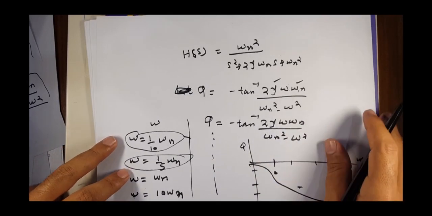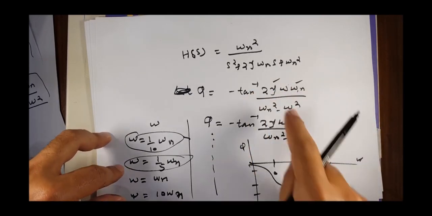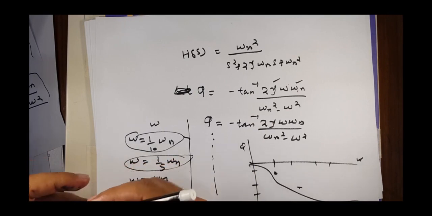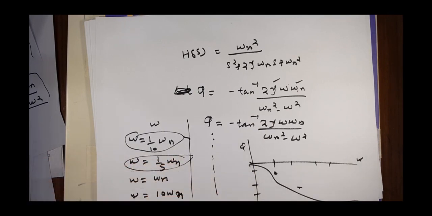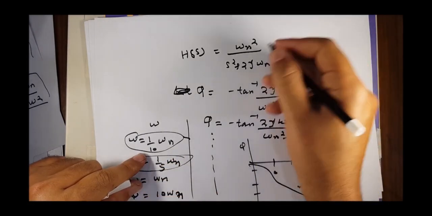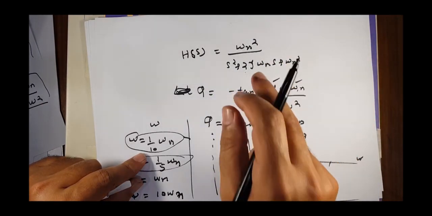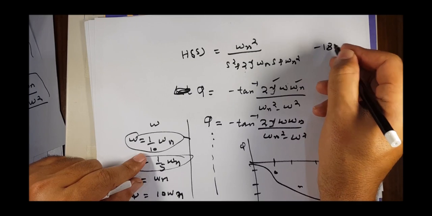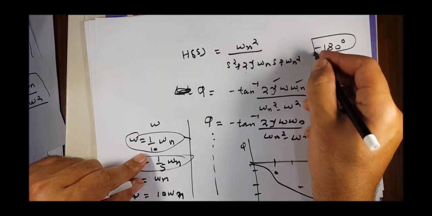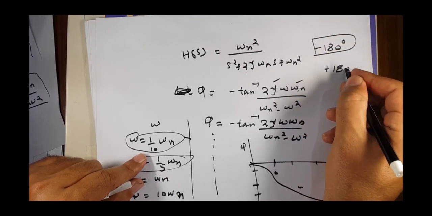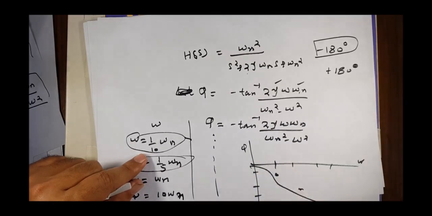One thing you need to remember is that this is a second order equation. In a second order equation, our asymptote for a simple pole will be minus 90 degrees, for a complex pole it will be minus 180 degrees, and for a complex zero it will be plus 180 degrees.